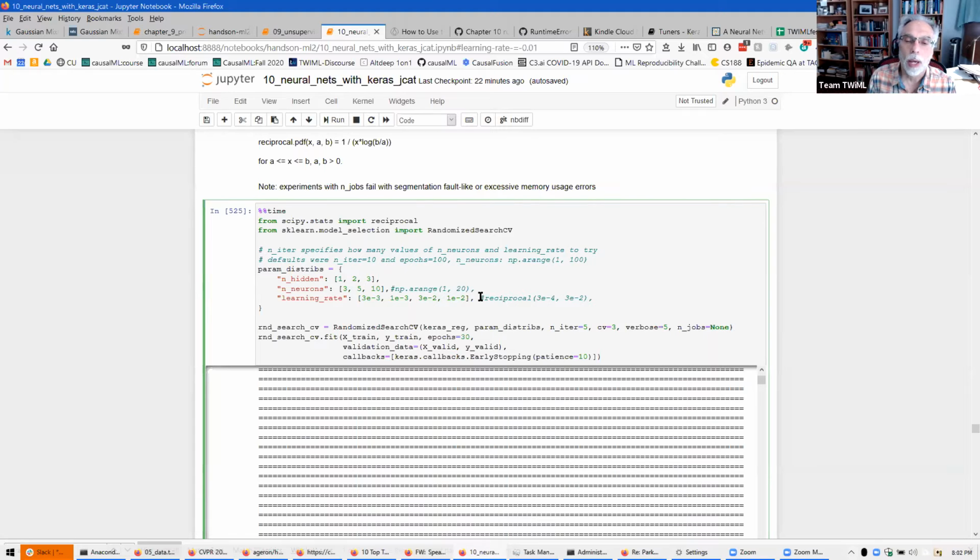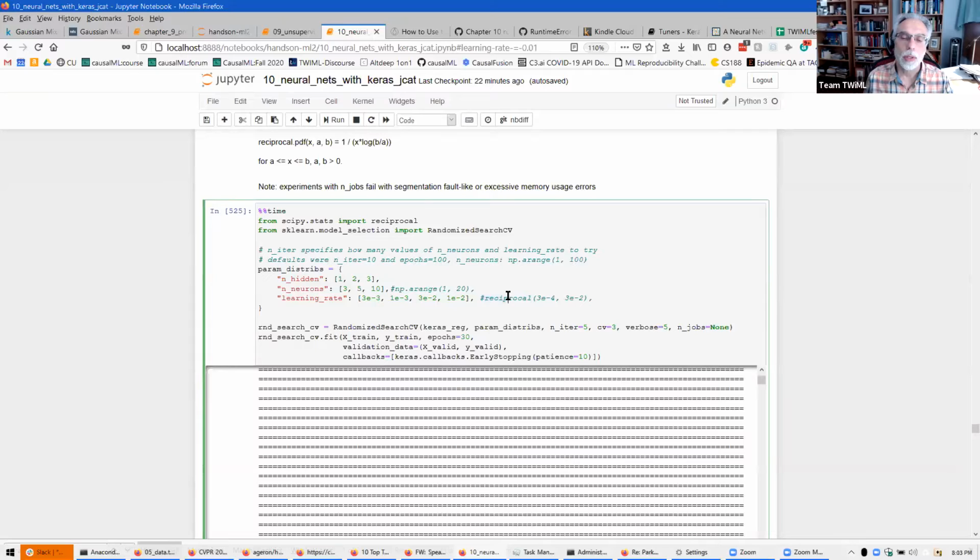And for the learning rate, this is kind of interesting, you can actually specify a distribution and a range. So here, he said search between 3 times 10 to the minus 4 and 3 times 10 to the minus 2, but impose a probability distribution on those values, using the reciprocal distribution, which goes as 1 over x. Remember what the 1 over x curve looks like.